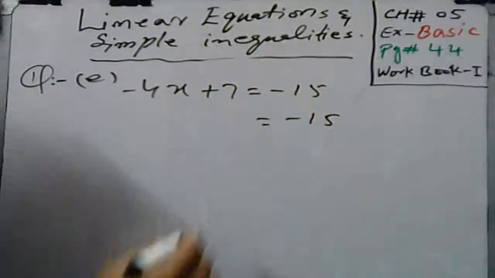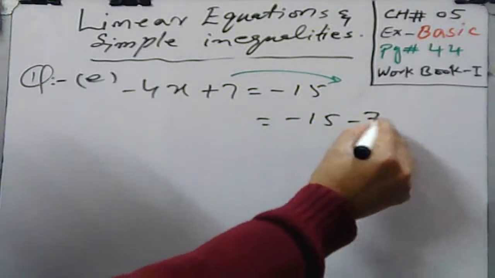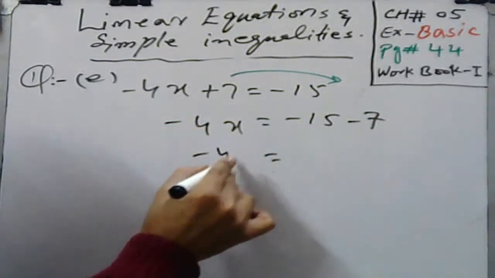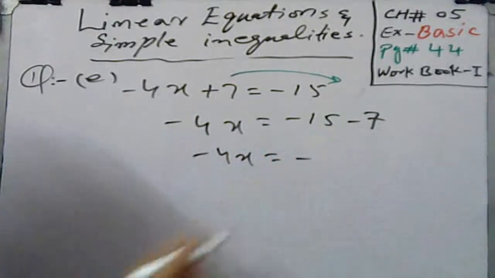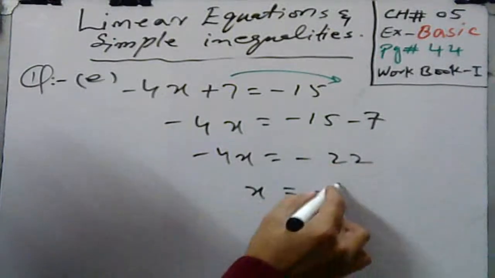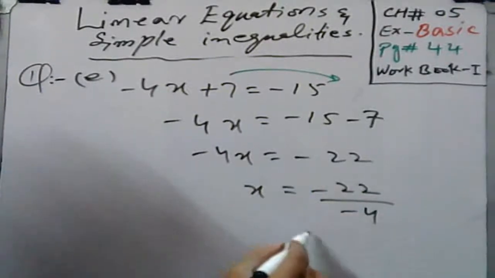By the same methodology, shift the constant at one side, that is 7 should be shifted here. So you will get minus 4x equals minus 15 minus 7, you will get minus 22. So the value of x is minus 22 divided by minus 4.